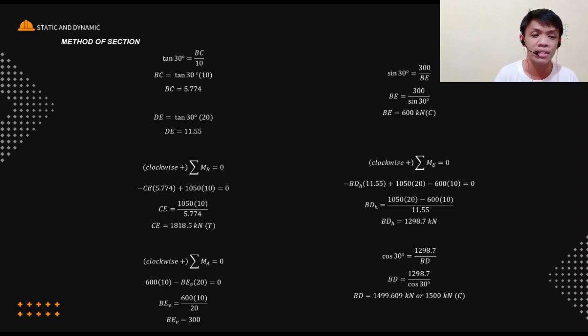So, makukuha natin is BD is equals to 1,499.609 kilonewton, or kapag i-round off natin, magiging 1,500 kilonewton, which is also compression. So, kapag check natin yun dun sa method of joints, makukuha natin is the same, or 1,500 kilonewton. So, ma-assume natin dito na tama yung assumption na ginamit natin kahit pa hindi natin ginamit yung method of joints.